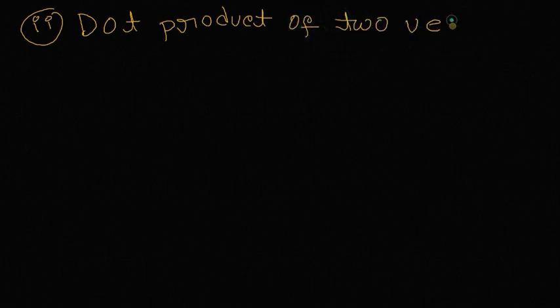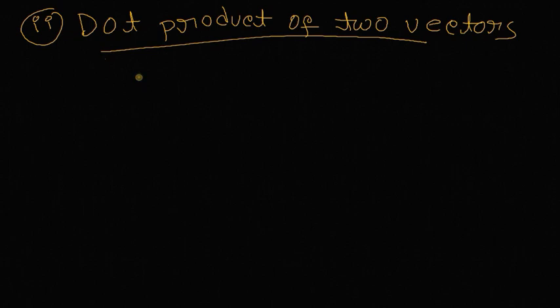Next is the dot product of two vectors. Now what is the dot product?